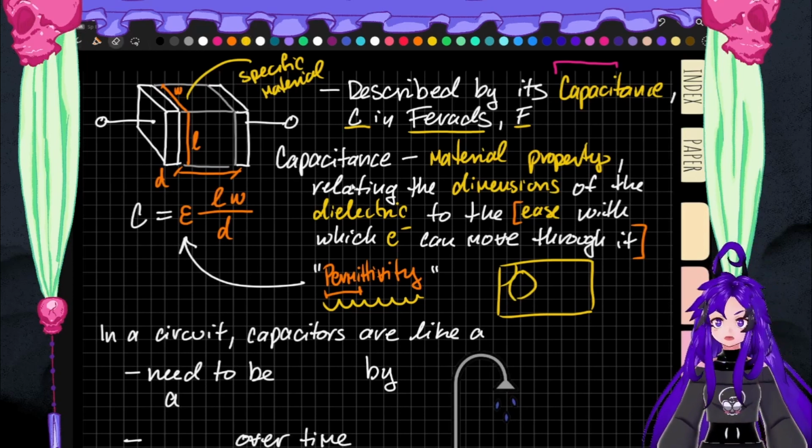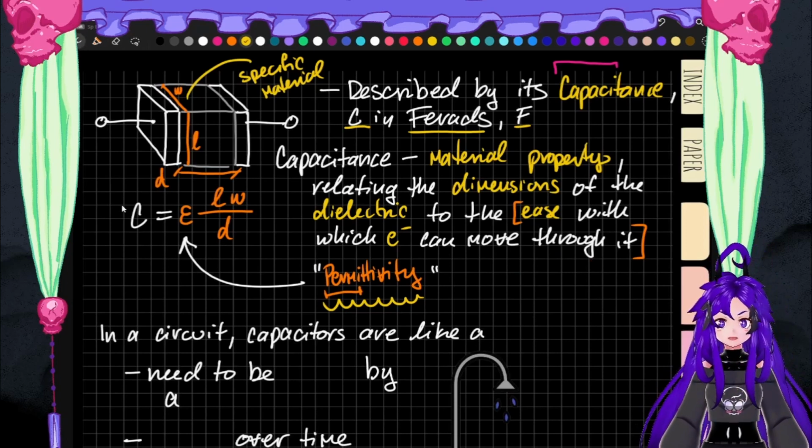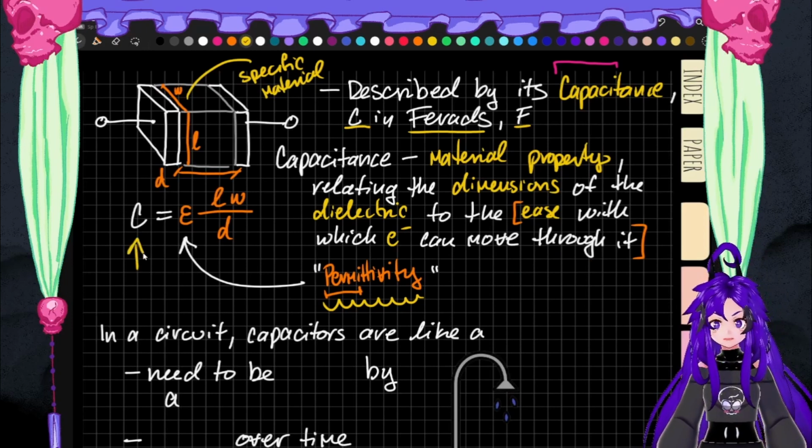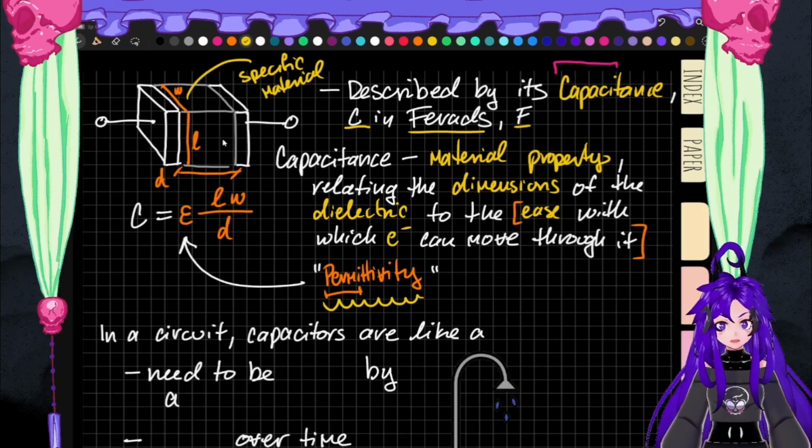And that's a lot, so we're not going to look at that. But I do want you to understand that this is a calculable value. You'll probably just get it as a value instead of the calculate part, but it relates to the specific characteristic of the material between the two plates.